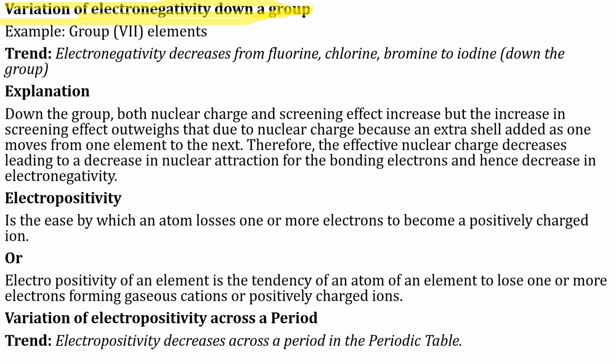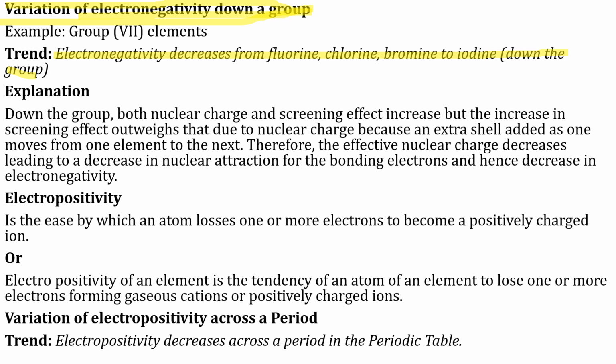After stating the trend, you give your explanation. If you miss out stating the trend, just know that you won't be awarded any mark for the explanation. Everything will be null.